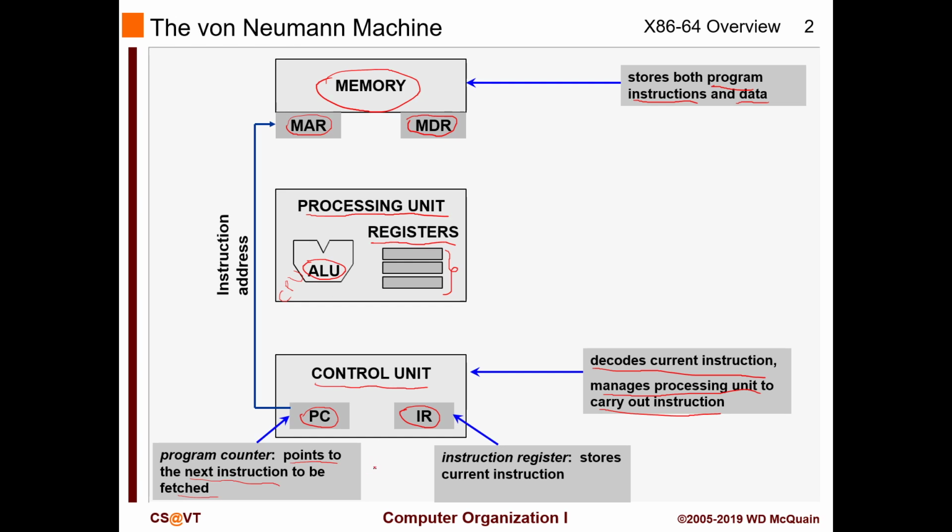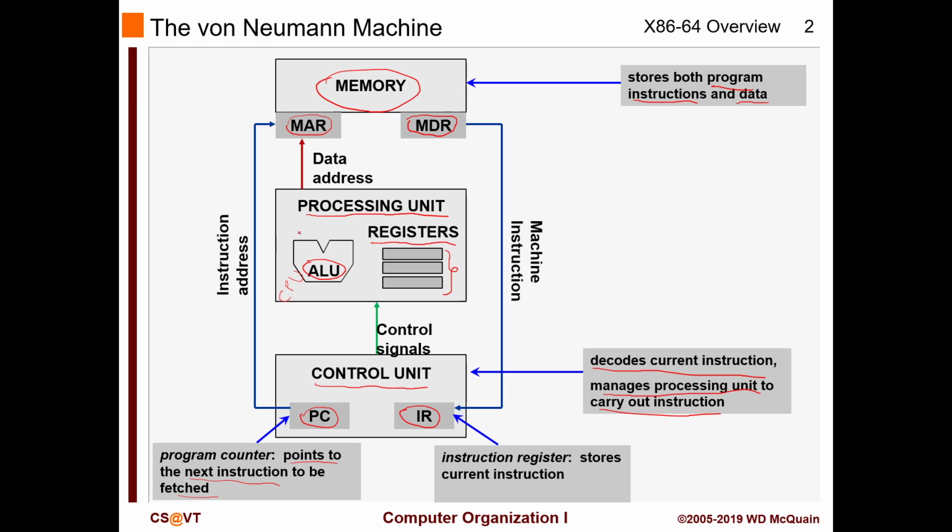So what happens is, whenever we are at a certain line, the PC takes control and sends the instruction address to the MAR, which is the memory address register. From there, it fetches the data and sends it to the IR. Then the control unit sends the signal to the processing unit.